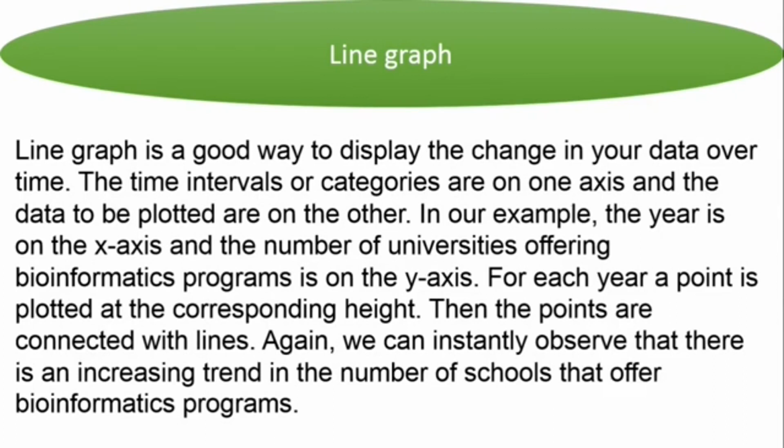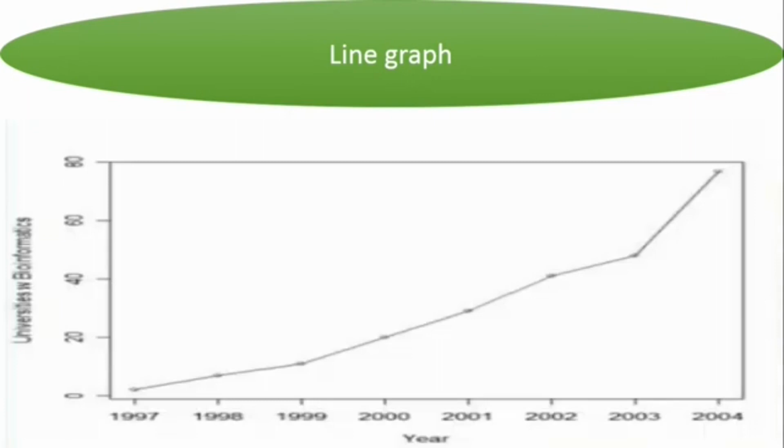We will take this example once more. It is on the y-axis. So for each year, a point is plotted at the corresponding height, then the points are connected with lines. Again, we can instantly observe that there is an increasing trend in the number of schools that offer bioinformatics, as we can see in the line graph, which is just the line that joins different points in time.